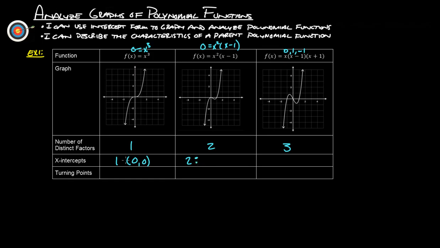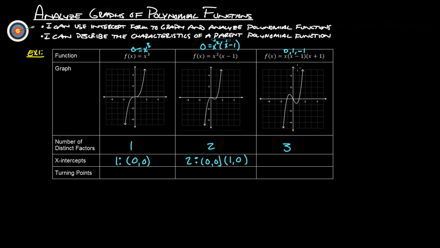And one of them is at 0, 0. Remember, we could plug in 0 there or 1 there. So 0 and 1 were our two spots. So we can also see that it crosses here at 1, 0.